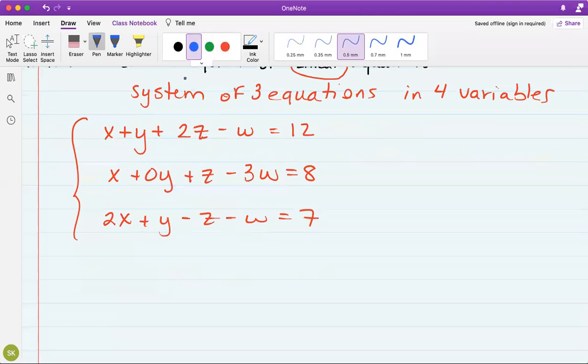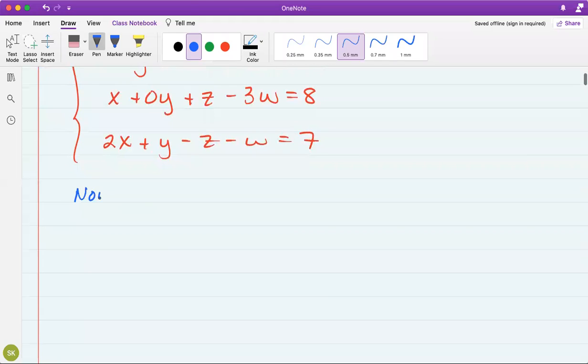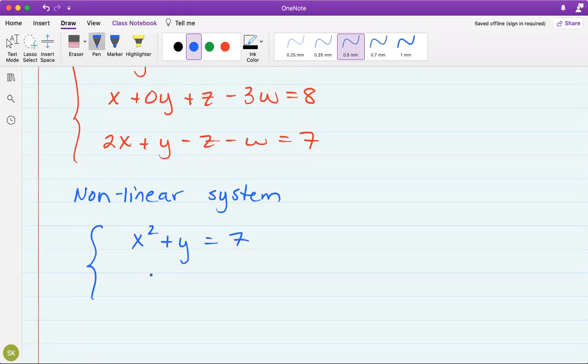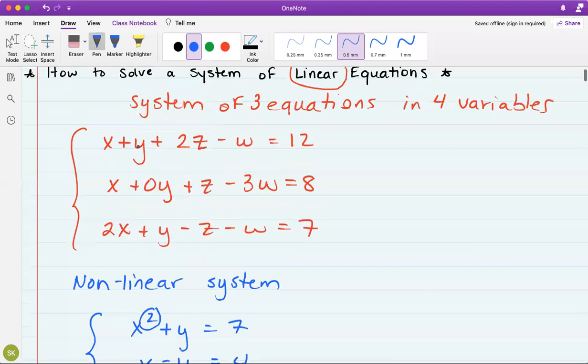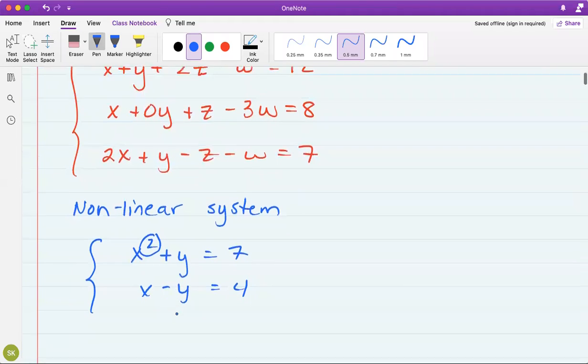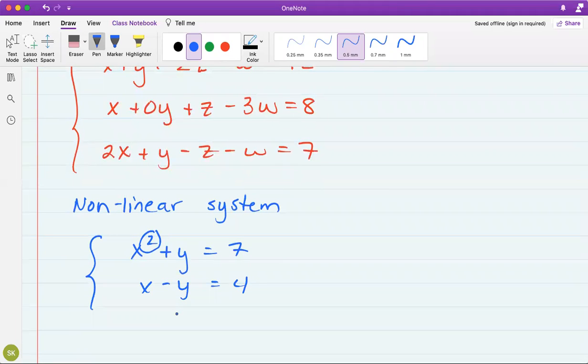So an example of a nonlinear system would be something like x squared plus y is 7 and x minus y is 4. Because I have this 2 here on this x, it's not a linear system of equations. Again, a linear system means that every variable you see in any of the equations has a power of 1.